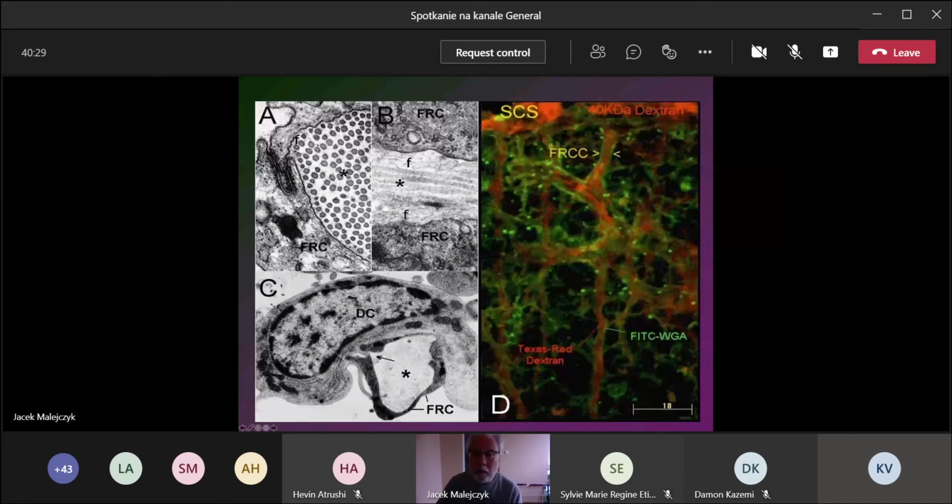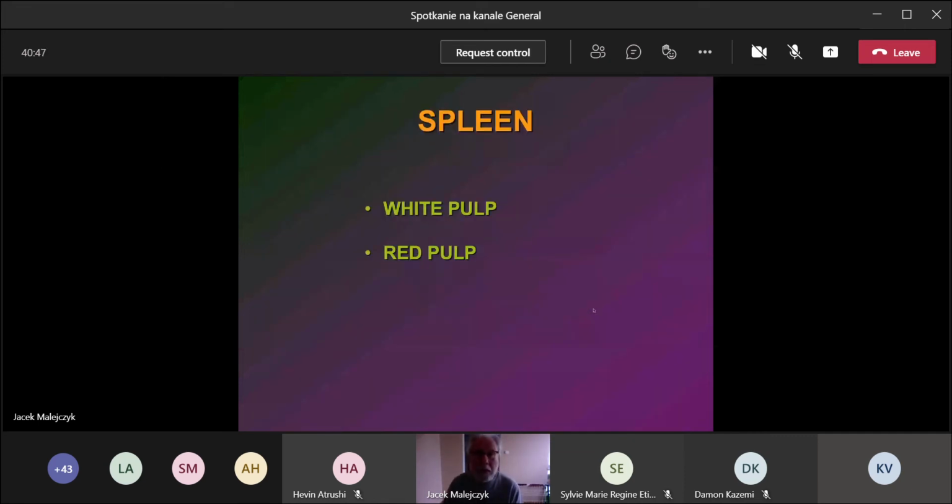It is not a vasculature, because the term vasculature is reserved to the cells of the blood vessels, of course. These are not blood vessels, but this is a system of tubules which distributes the lymphatic fluid along the lymph node.